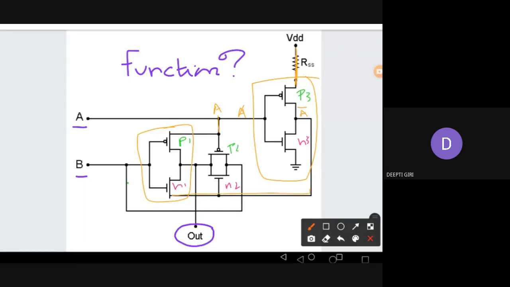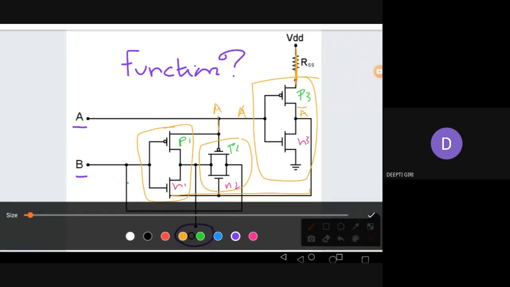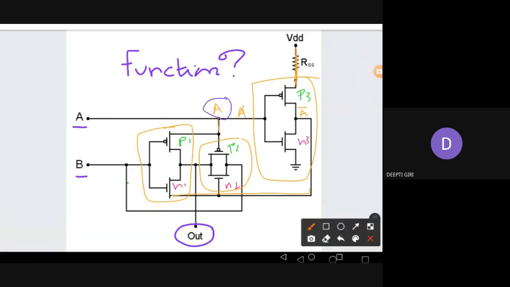So an inverter with the VDD or the power as A and ground as A bar. And this part is simply a PMOS and NMOS connected in parallel, right? One input is A, and there is A bar going in the bottom.